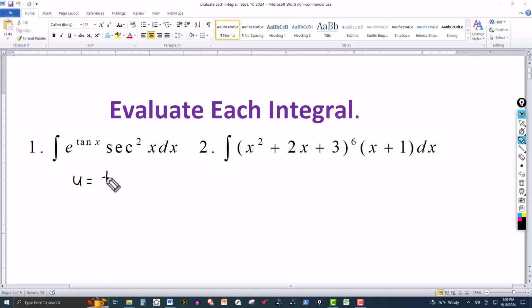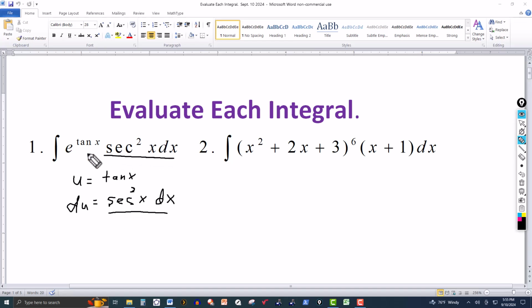That gives me an option to let u equal tangent of x. Then du would equal secant squared of x dx. And notice I have secant squared of x dx right here in the integrand.